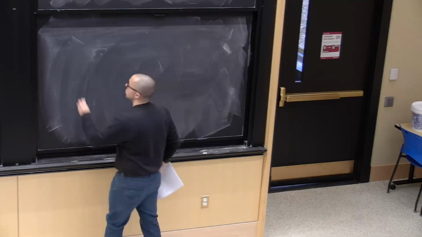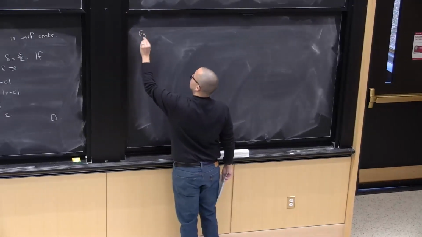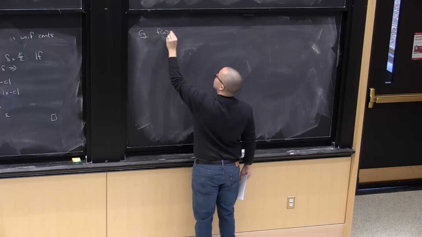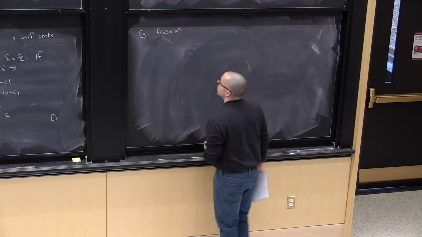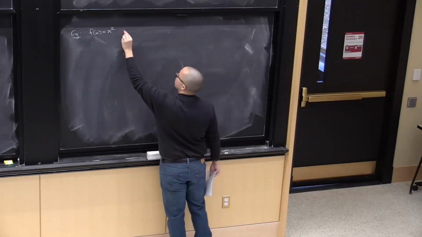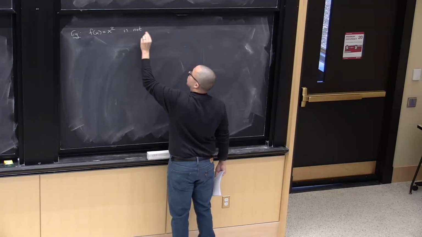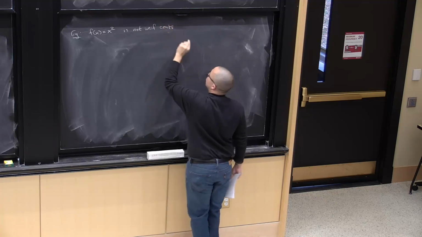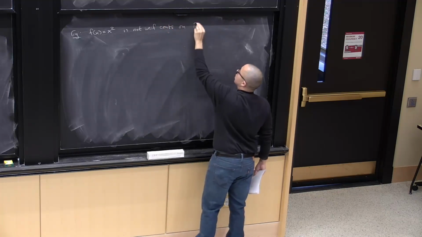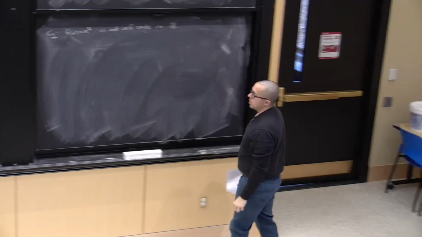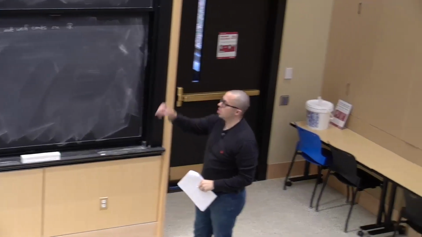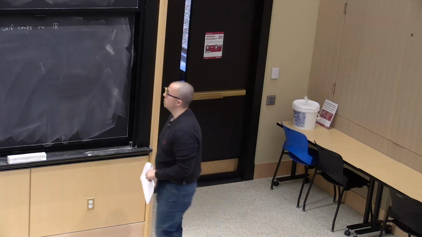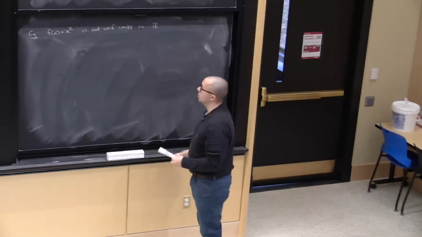Okay. And I'm not going to go over this example, but in fact, I'll leave it to you, or maybe I'll put it on the assignment. f of x equals x squared is not uniformly continuous on R. So we saw that it's uniformly continuous on the closed interval 0, 1, but it's not uniformly continuous on all of R. Okay?